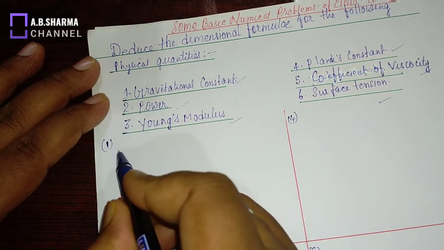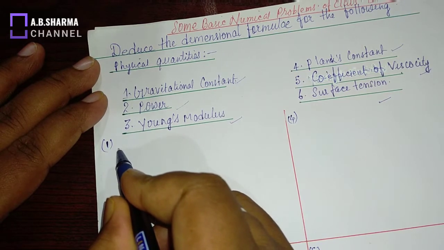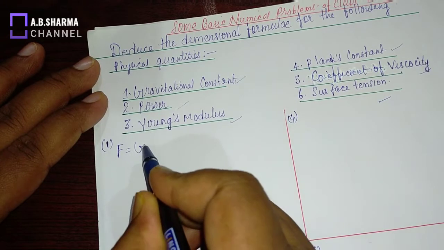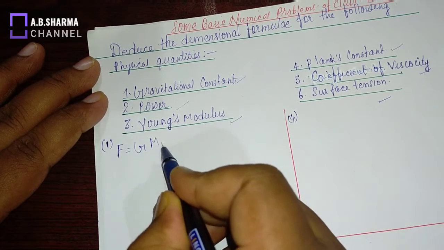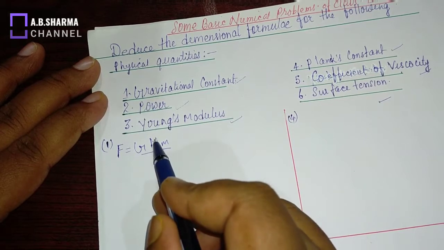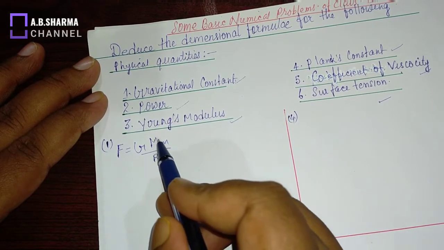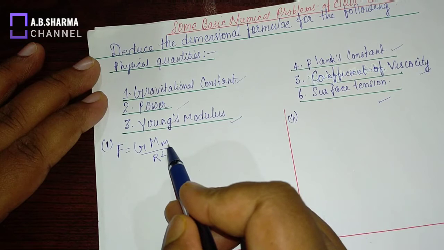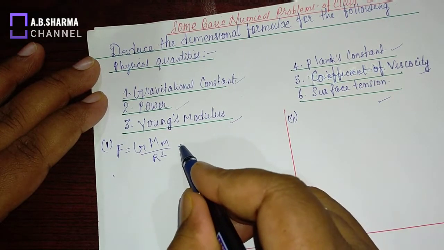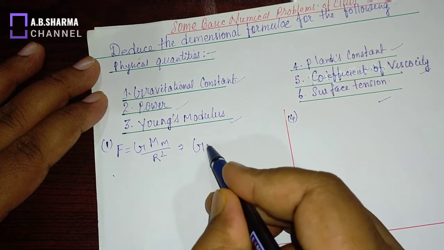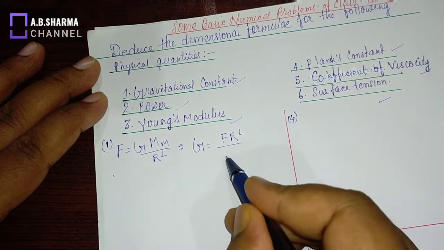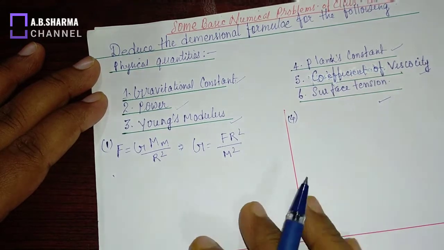Gravitational constant we have studied, that is F equals G m into m by r square, where m is the mass of the earth and m is the mass of the object. So what will be the value of G? Transposing, G equals F into r square over m square.